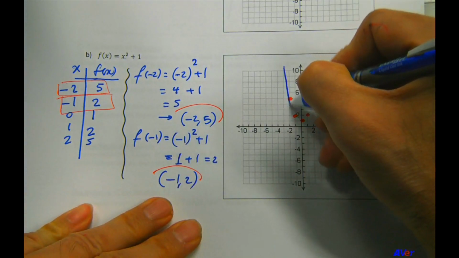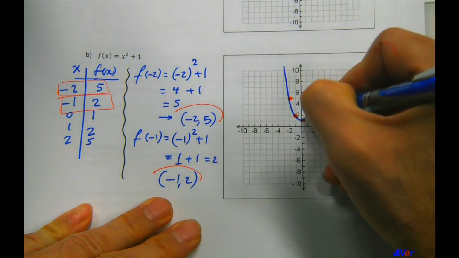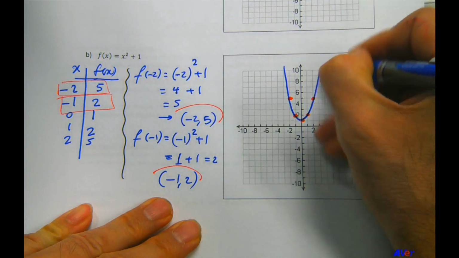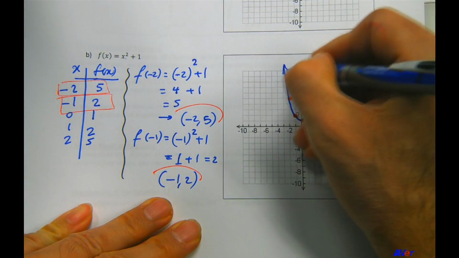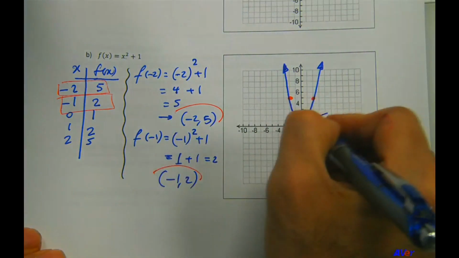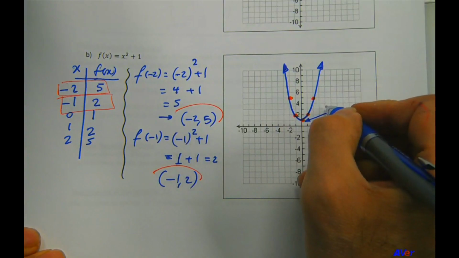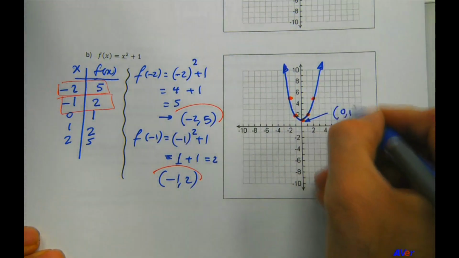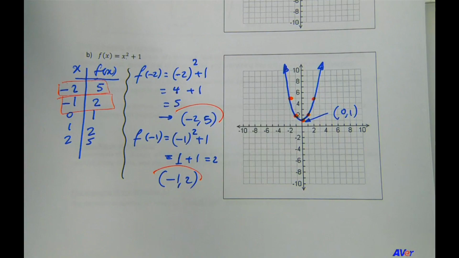So let's try to connect these dots with a smooth curve like that. Okay, so that vertex we will talk about later, I assume, in this course, and that is 0, 1. It's the lowest point of this quadratic function.